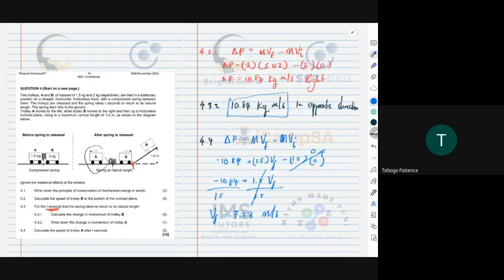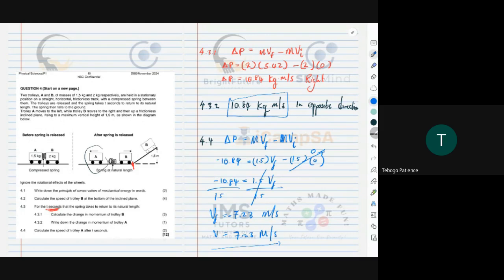This is going to be negative. They say calculate the speed, and the speed won't have direction. So it's going to be 7.23. The speed has the same magnitude as velocity, but velocity has direction and speed doesn't.